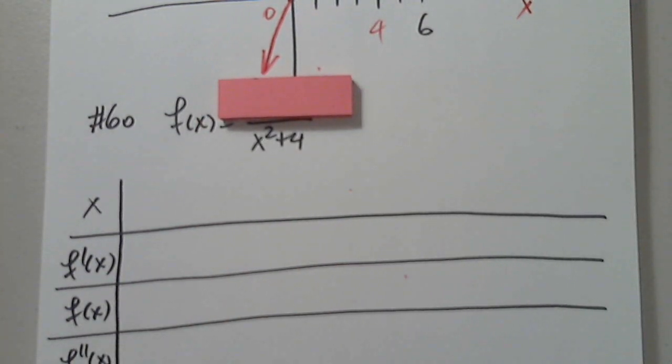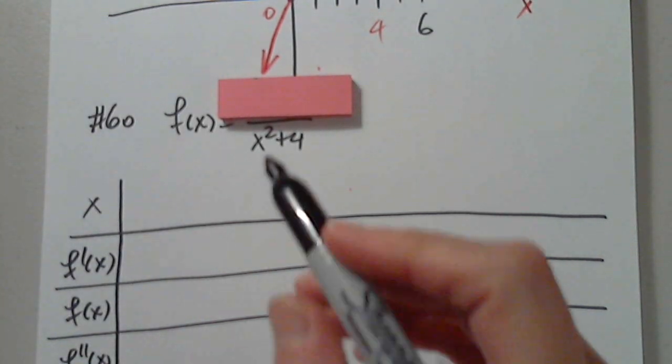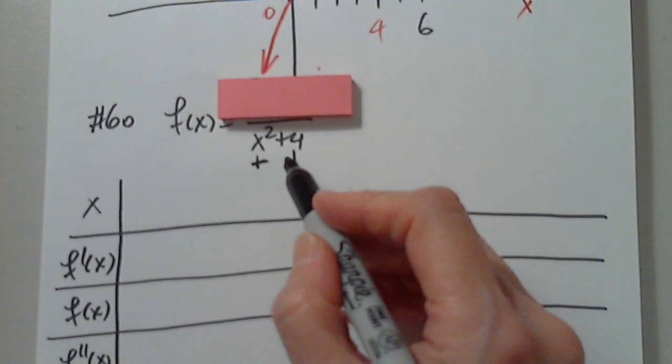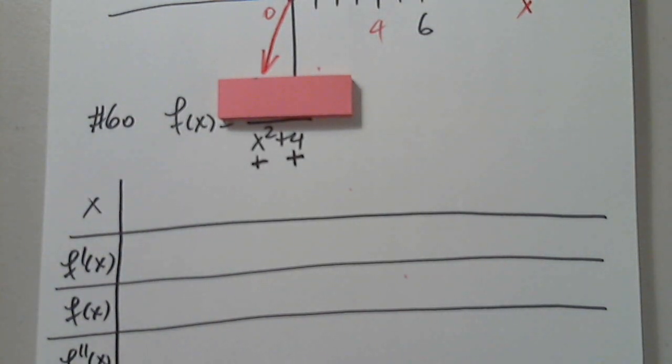The domain is given by x squared plus 4. Can anyone give us the domain? So it's x squared plus 4. This is always positive. When we add two positive numbers, we can never get anything else.